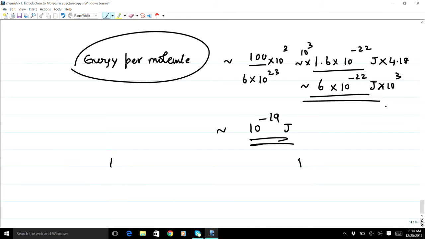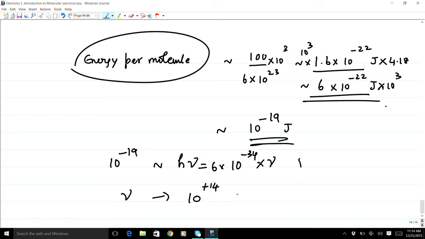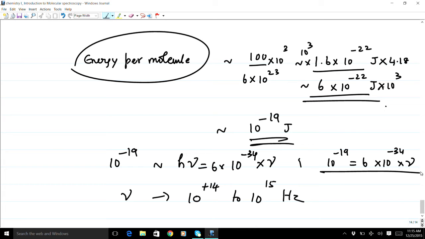If this energy 10 to the minus 19 is to be equated to a radiation frequency nu whose energy is h nu, then 10 to the minus 19 is equal to 6 times 10 to the minus 34 times nu. So, you see that nu falls in the range of 10 to the 14 to 10 to the 15 hertz.